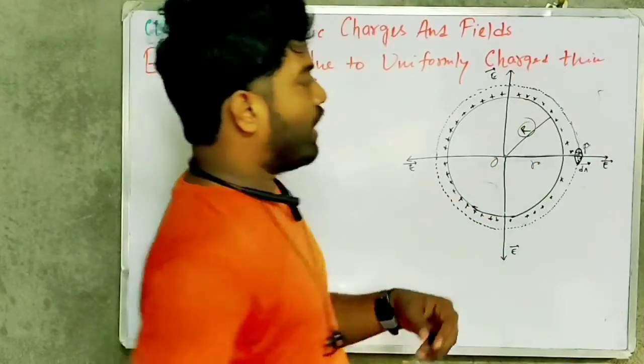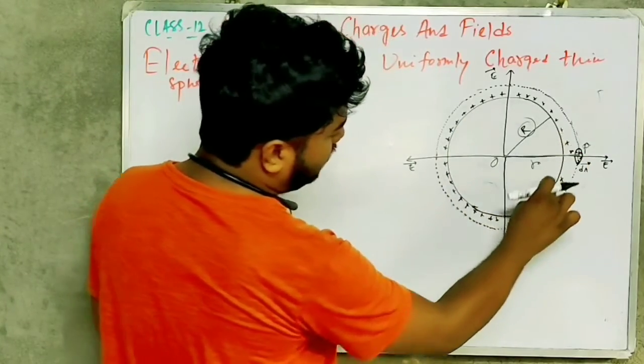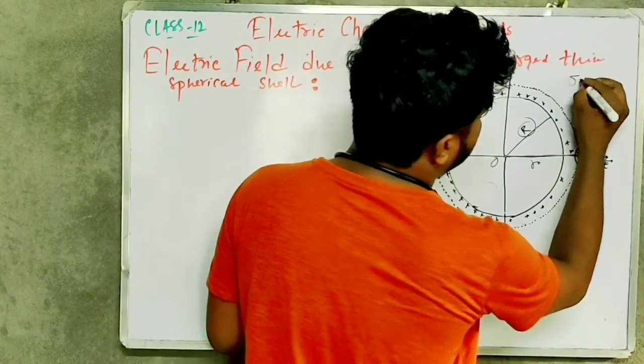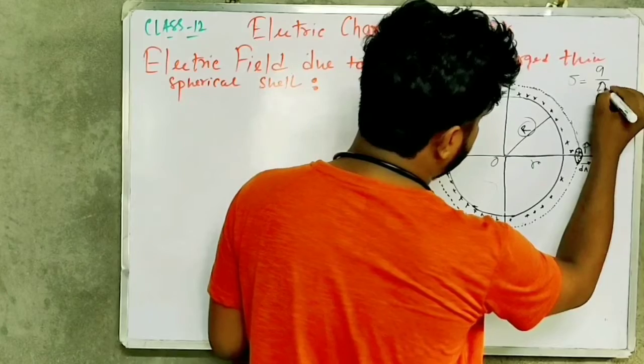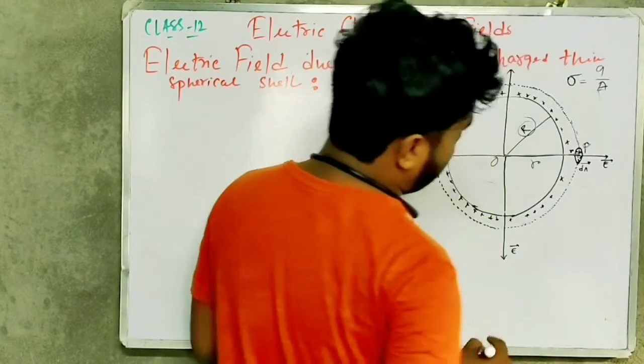Now just check it, here the charge is stored at the surface of the sphere. So we consider surface charge density, that is sigma equal to charge divided by area. Clear? Sigma is equal to charge divided by area.